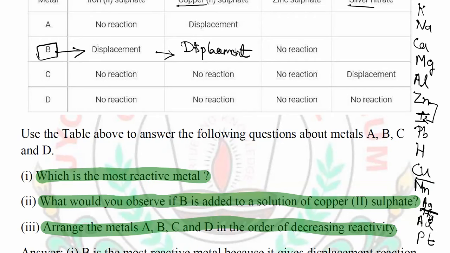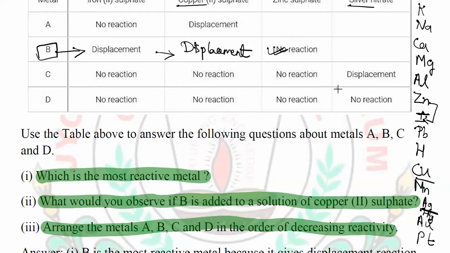So we will observe that on adding it here, the displacement reaction will occur, because copper is less reactive than the B metal. It cannot displace zinc sulfate, but it can displace iron sulfate. It means that it is more reactive than iron, but less reactive than zinc. So it will easily displace the copper sulfate.